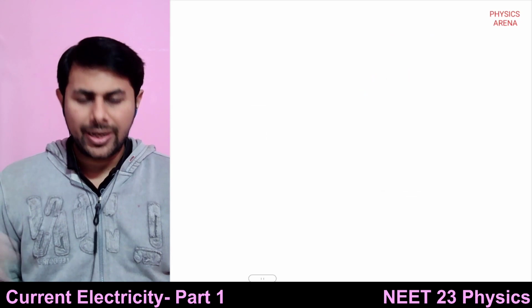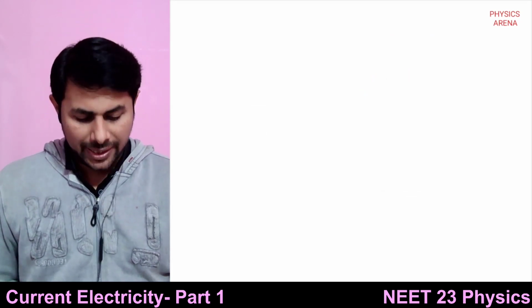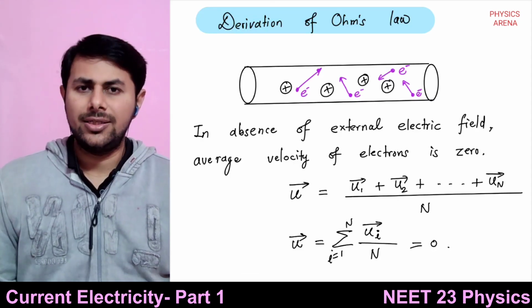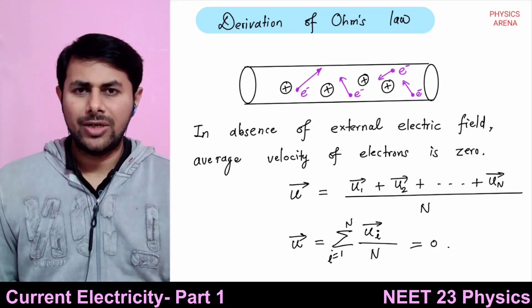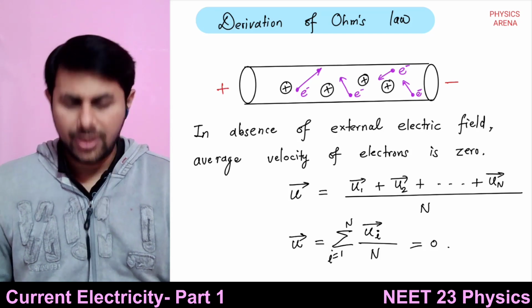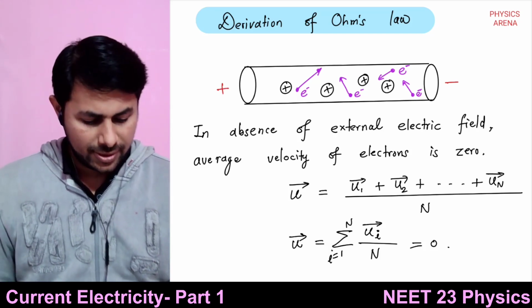So now what happens when we apply the external electric field? External electric field will accelerate these electrons. Okay, so electrons will get accelerated from negative terminal to the positive terminal of external electric field, right?